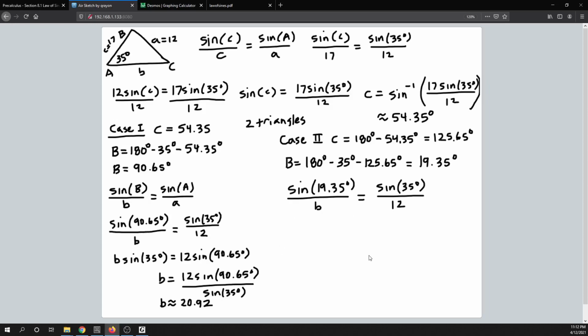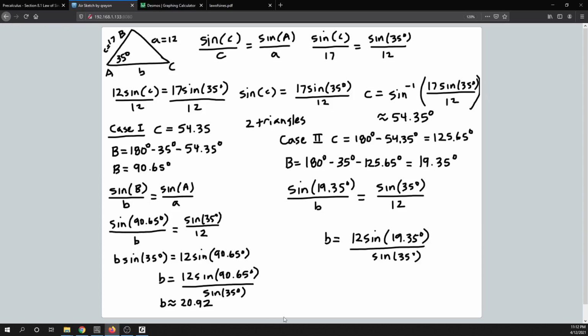I'd wind up cross multiplying and then dividing by sine of 35, exactly these same steps over here. I would wind up with B equals 12 sine of 19.35 degrees over sine of 35 degrees.